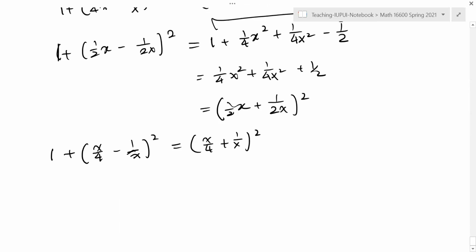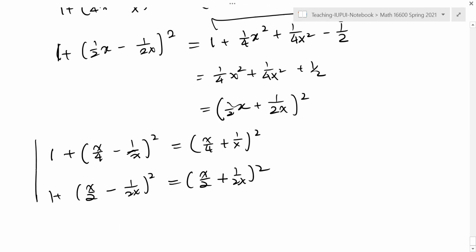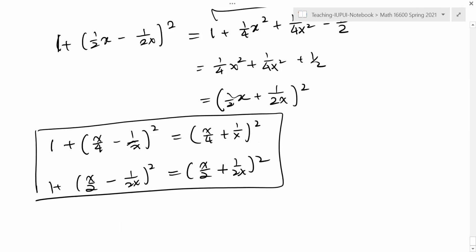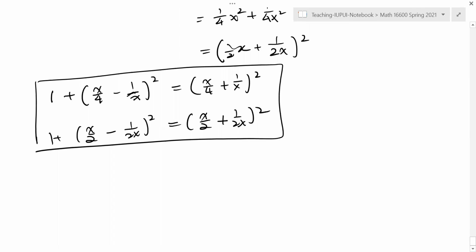Okay. Another one is... okay. So this is a 2. Okay. So if you see e to the x over 4 plus e minus e to the negative x, which is 1 over e to the x, right?